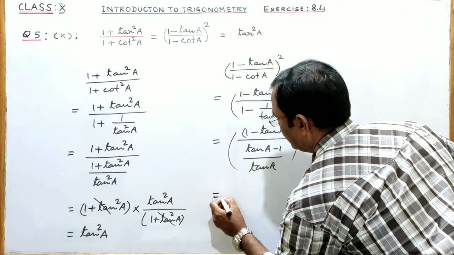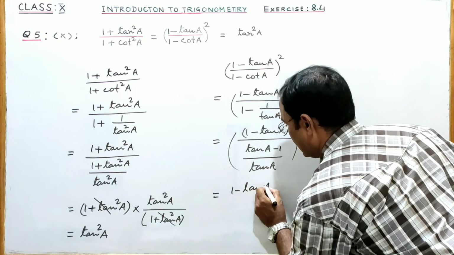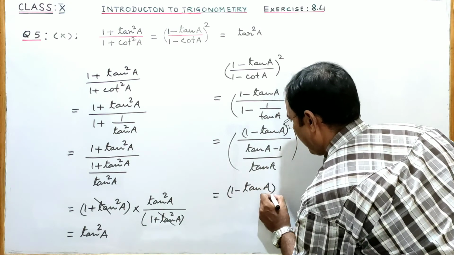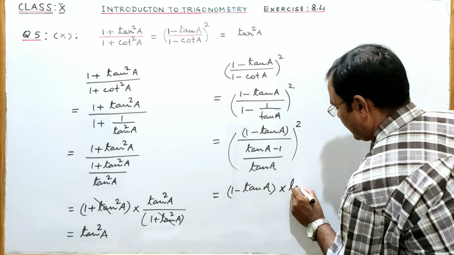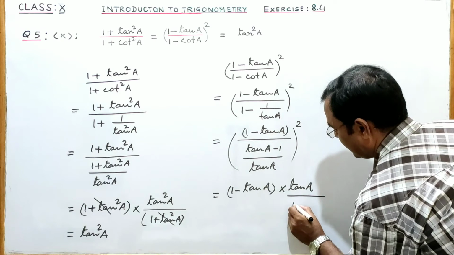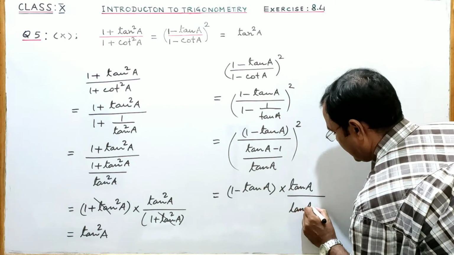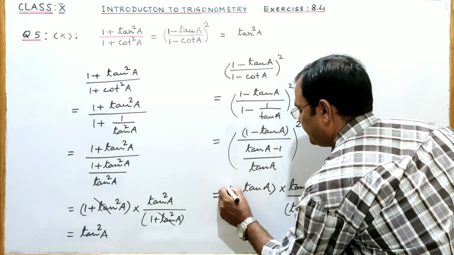This is equal to 1 minus tan a into tan a divided by tan a minus 1 whole square.